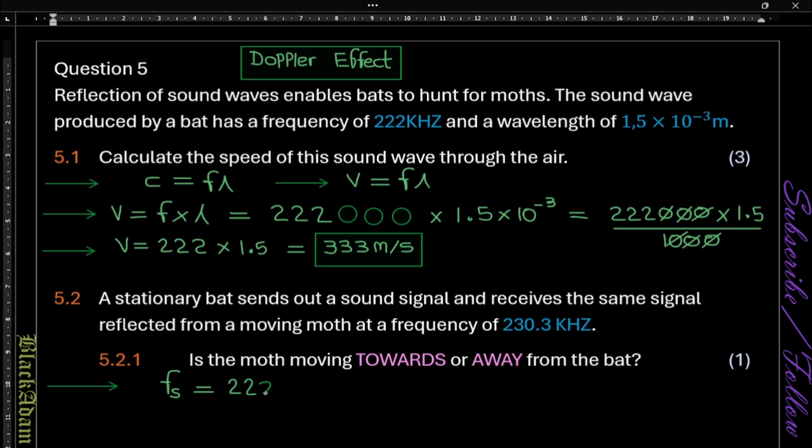So it's 222,000 Hz. And then the frequency of the listener is 230 kilohertz. So there's been an increase in the frequency. Remember, it bounces back, so it's coming back.